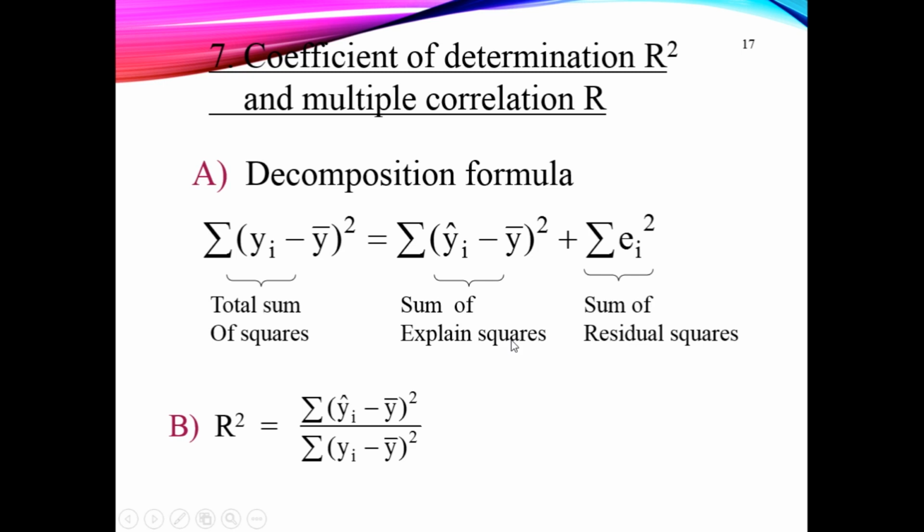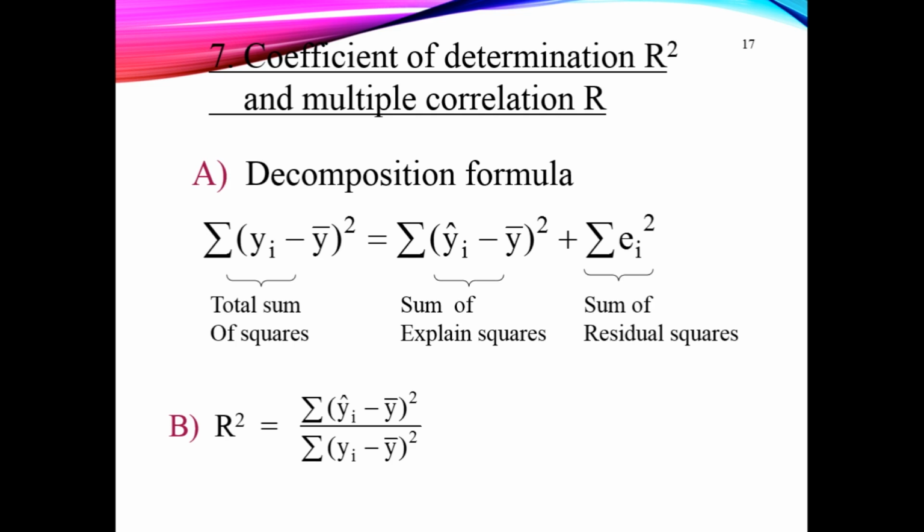So the closer R square is to 1, the better our model will be. When R square is very low, that means that the correlation in our model is not very good.